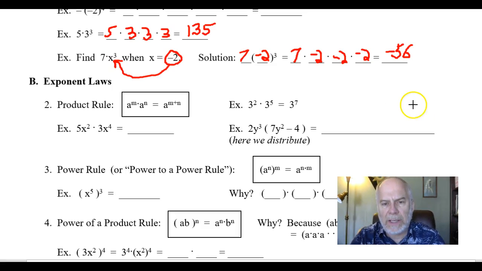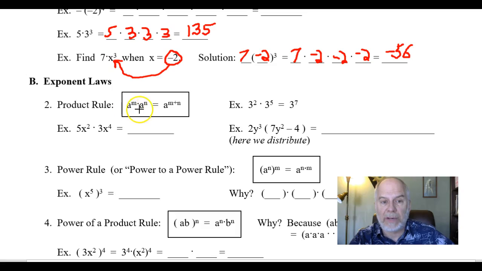So now we're going to look at some exponent laws, and I'll try to explain why these exponent laws work. What makes them true? Okay. And we'll look at some examples. So the first one, we have a to the mth times a to the nth power equals a to the m plus n.